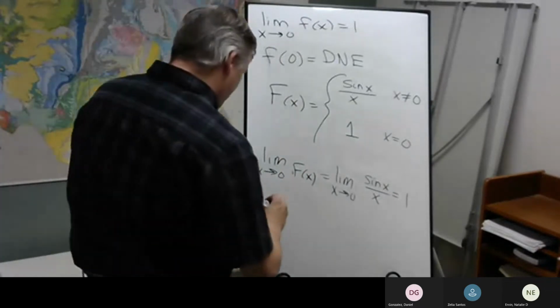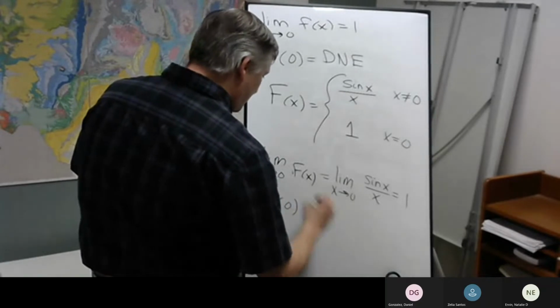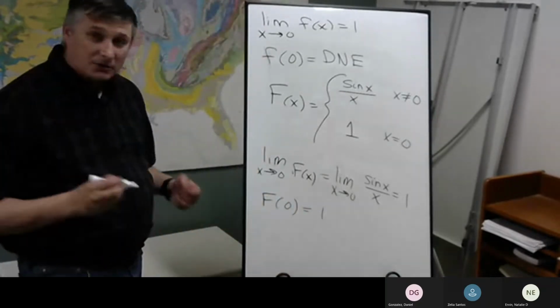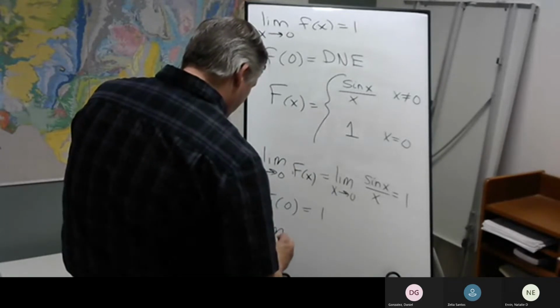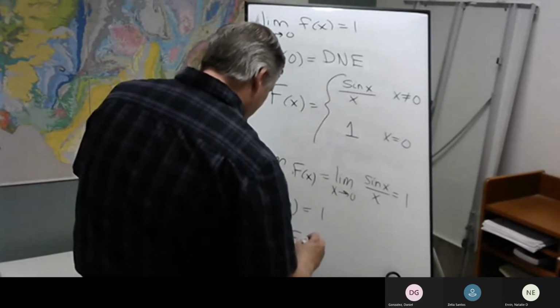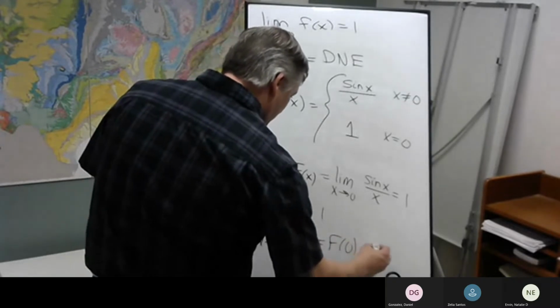And then capital F of 0 is equal to 1. So that means the limit as x approaches 0 of capital F of x equals capital F of 0, which is equal to 1.